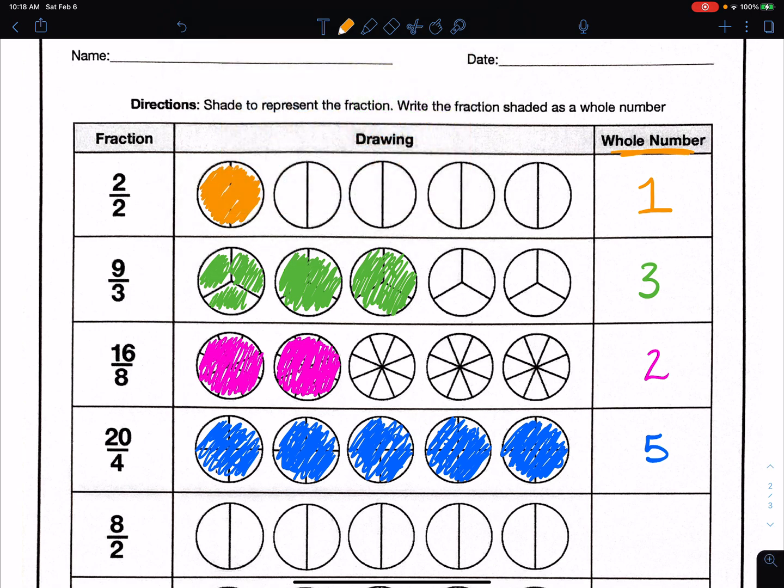So I can see that each circle is divided into halves. Okay, so now I need to pick 8 pieces to be able to shade. So 1, 2, 3, 4, 5, 6, 7, 8. And go back and shade.